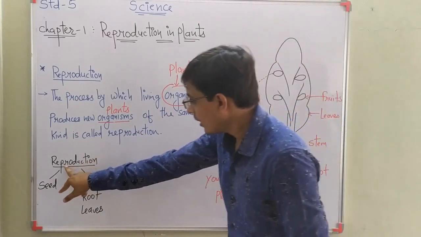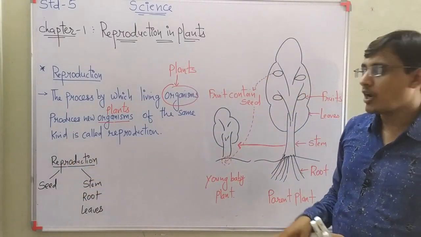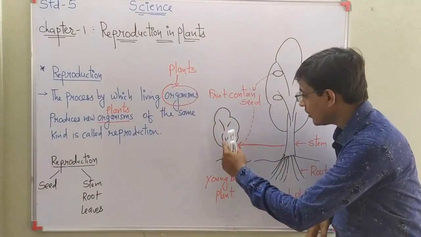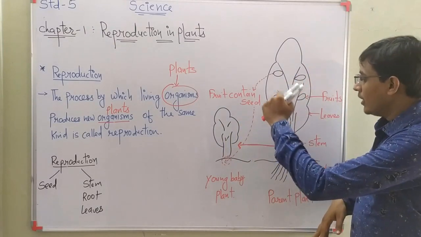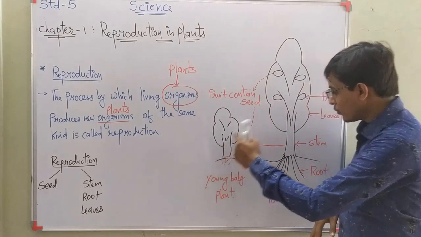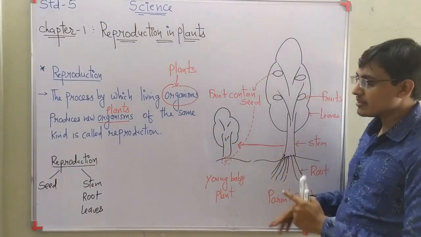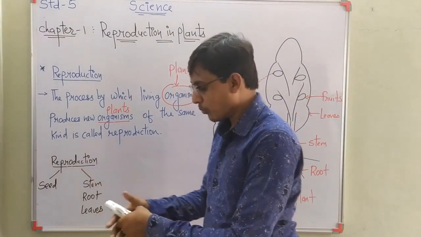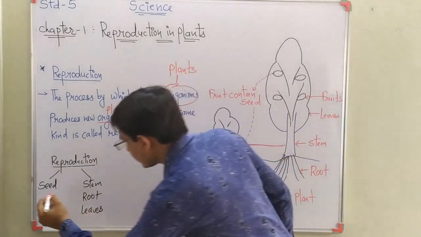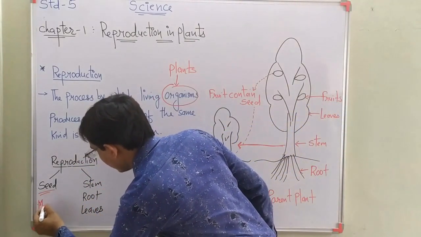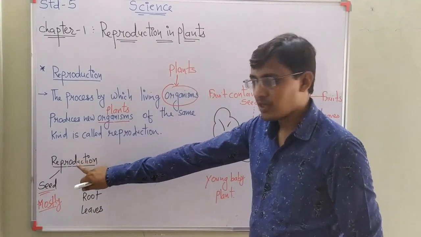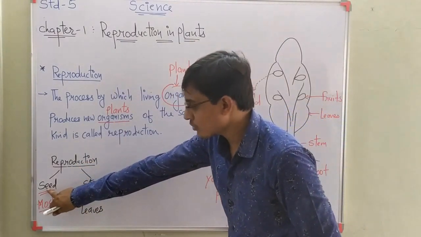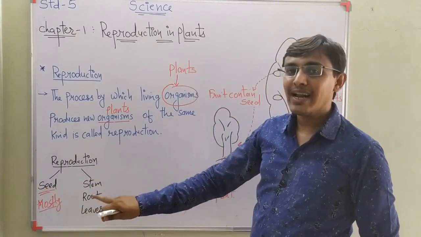Now let's see how it undergoes reproduction, how the new plant will form from the old plant. That is, how a young baby plant gets produced from the parent plant. Your answer is they are reproduced mostly by the seeds. Now where are seeds present?